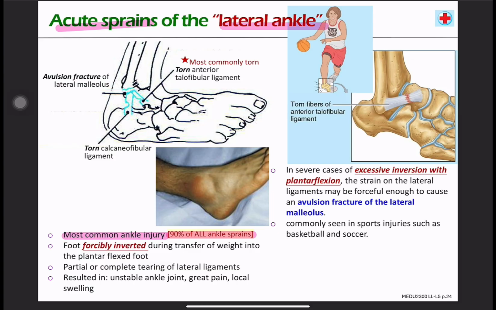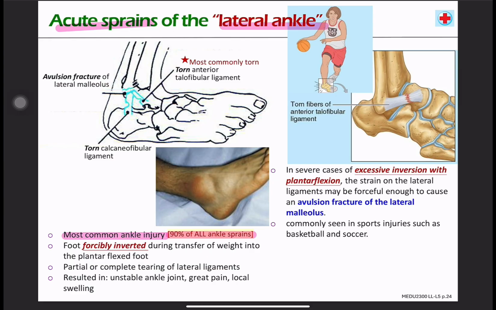So you imagine that the foot is forcibly inverted, right? Forcibly inverted during transfer of weight onto the plantar flexed foot, which is an unstable foot, right? Remember, the plantar flexed foot is less stable when compared with the dorsiflexed one. So this refers to a forcibly inverted foot.